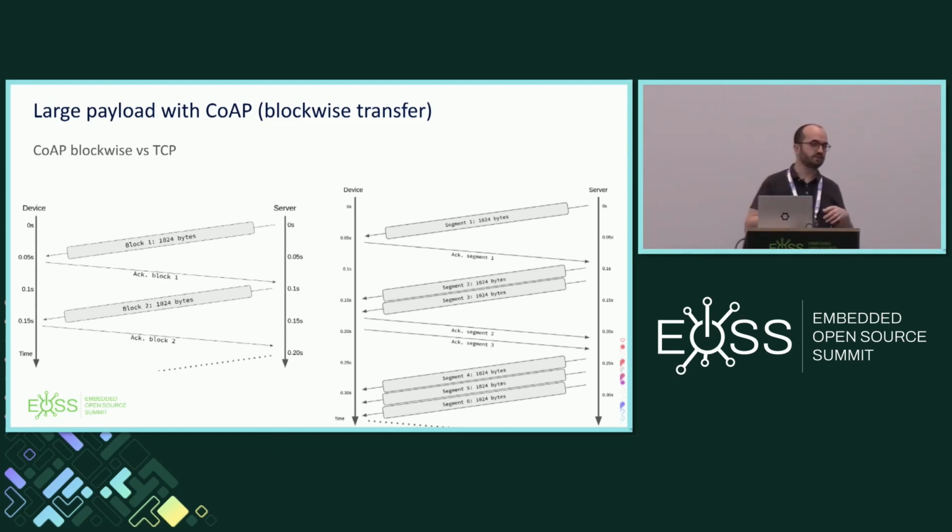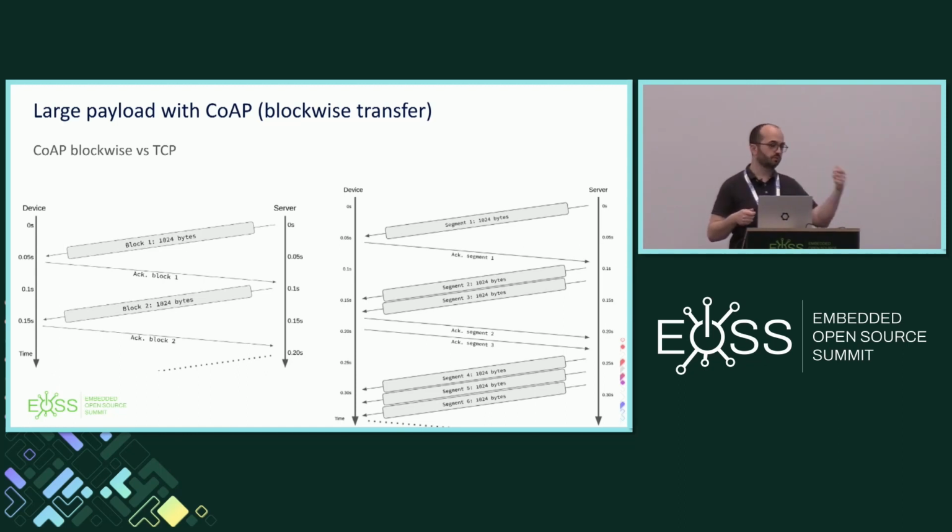The main drawback is as soon as you want to send megabytes, it's going to be very slow, especially if you have high latency. For example, if you have a latency of a few seconds, which is common on this kind of network, every block needs a round trip of that duration.